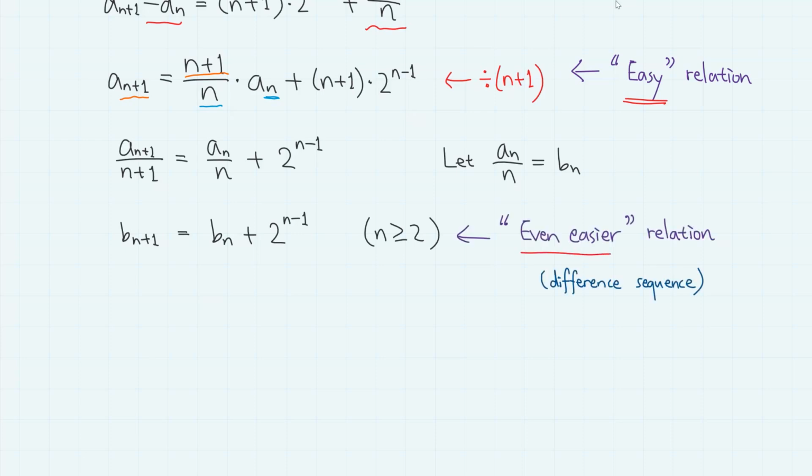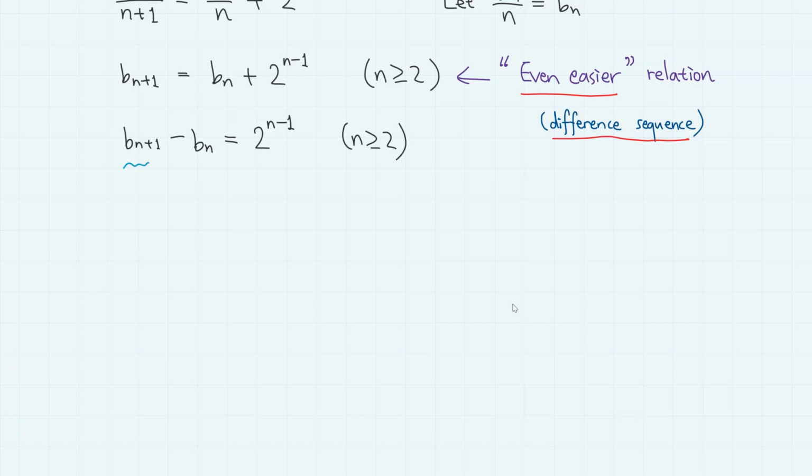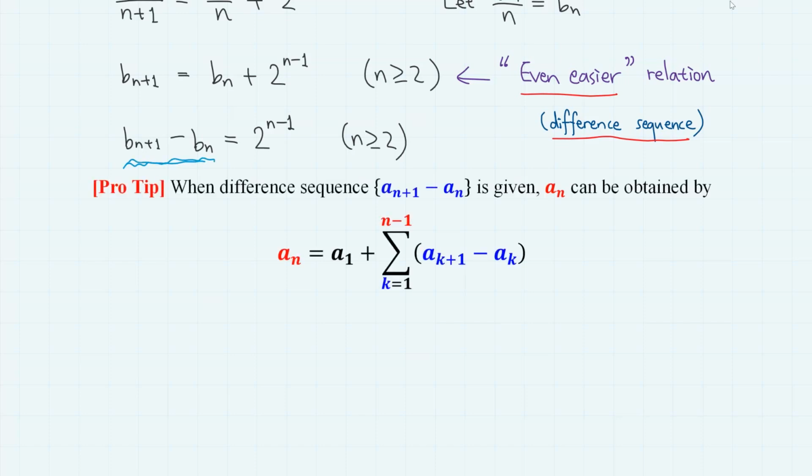This is an even easier kind of recurrence relation because we are now given a recurrence relation in a difference sequence form, where the difference b(n+1) minus bn is given as 2 to the power of n minus 1. When the difference between two adjacent terms is given, we can obtain the general term by the following tip.